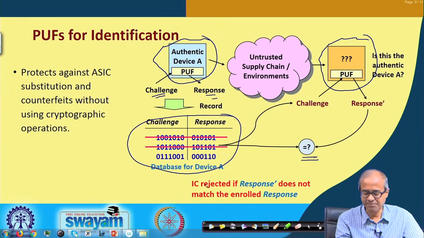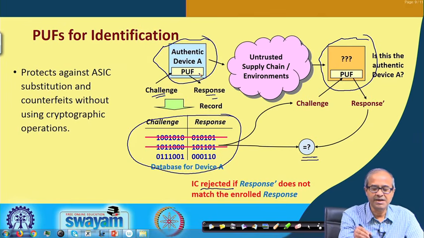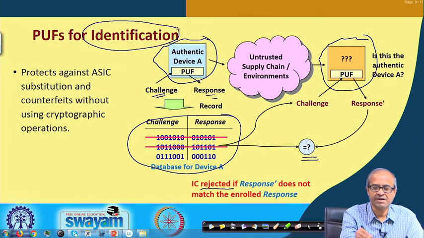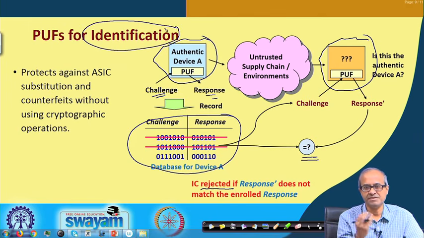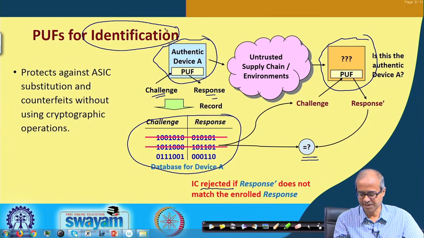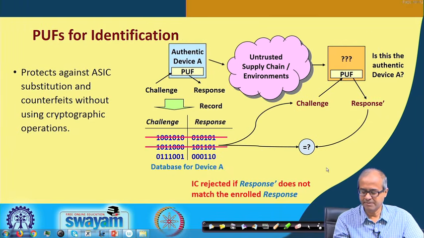If they are not the same, we can reject the IC saying that this is not the same device. In this way, you can identify a unique device. Sometimes you need to identify a particular copy of an IC. You can use this kind of PUF IC fingerprinting for doing that.